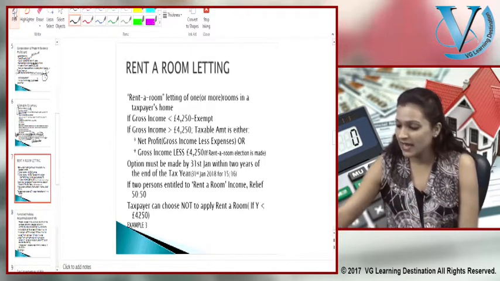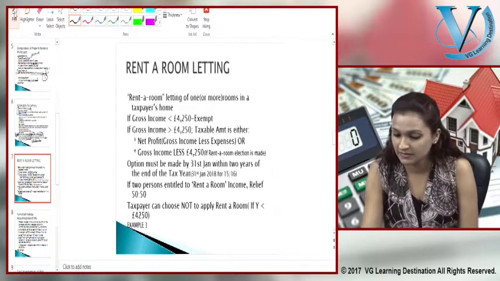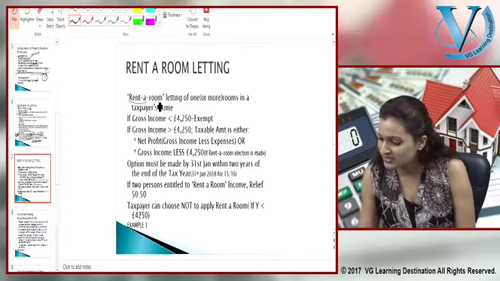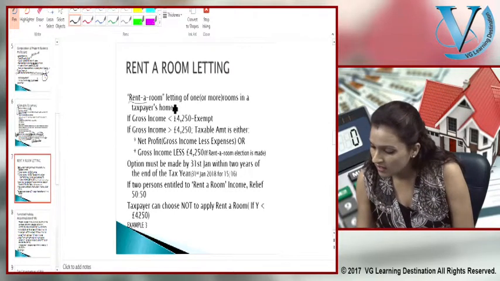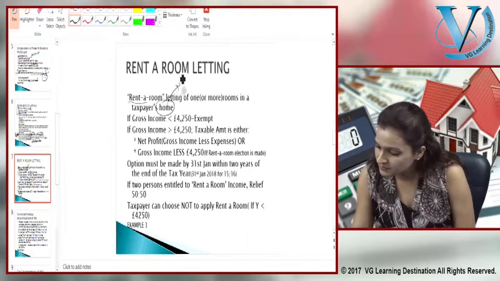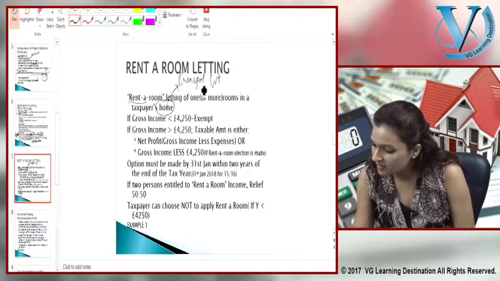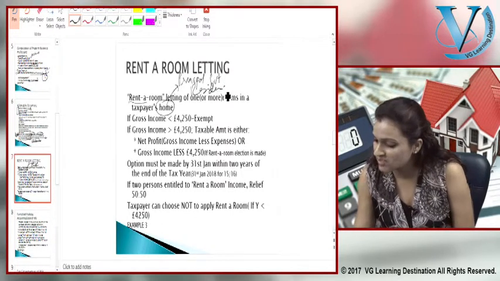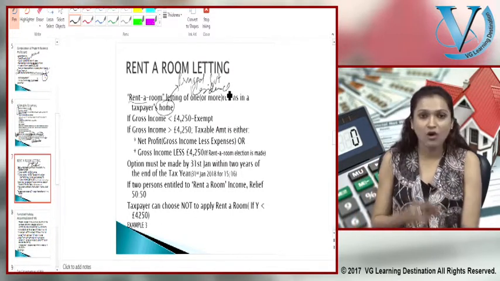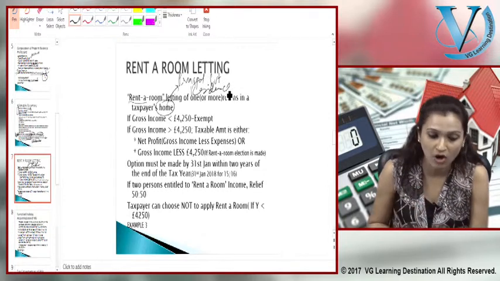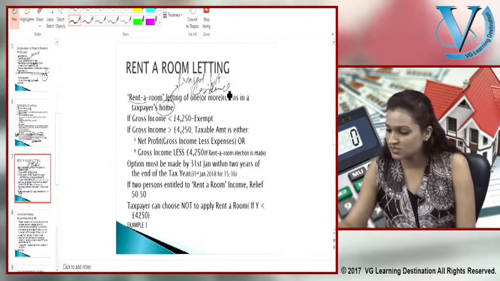So basically it is a rent a room letting where the principal private residence is the home of the landlord. What is the rule?